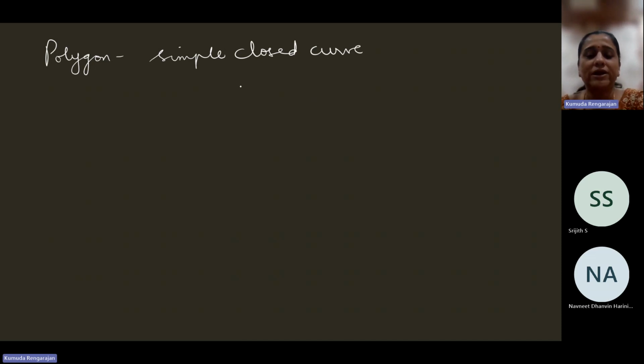And we understood that a polygon is defined as a simple closed curve made of line segments. If all these conditions are satisfied, then that figure is a polygon.